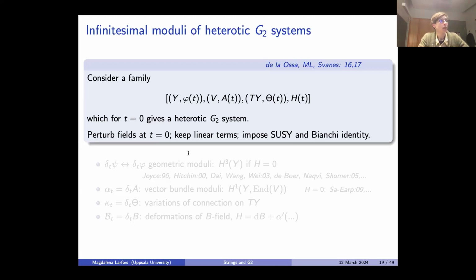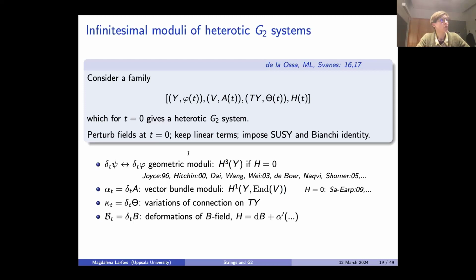So we're doing a deformation study. We're looking at a small perturbation around the solution that we have, and we keep the linear terms, imposing supersymmetry and Bianchi identities, and then we read off the constraints that we have on the infinitesimal variations of these different fields.